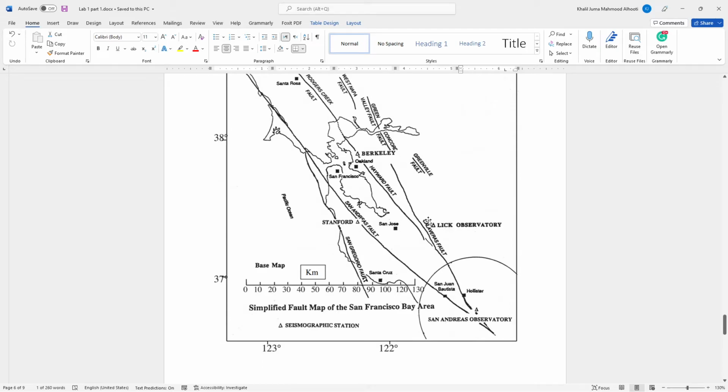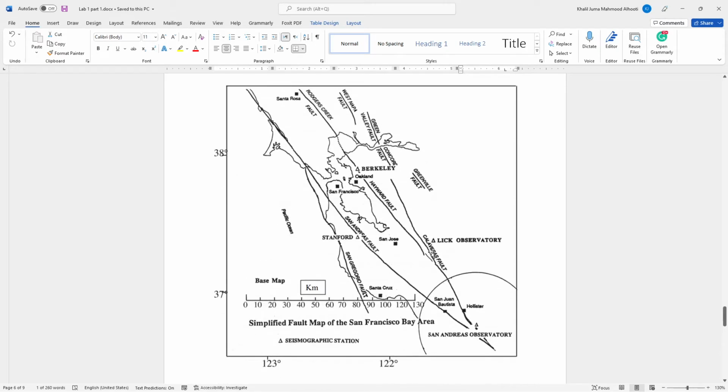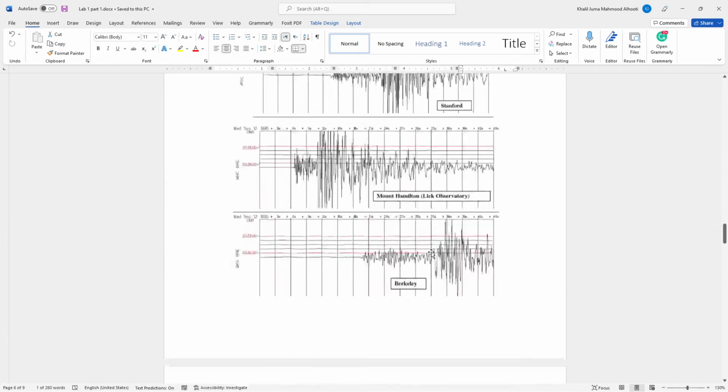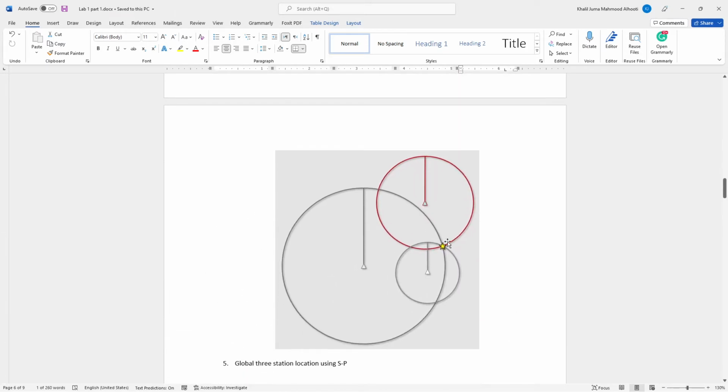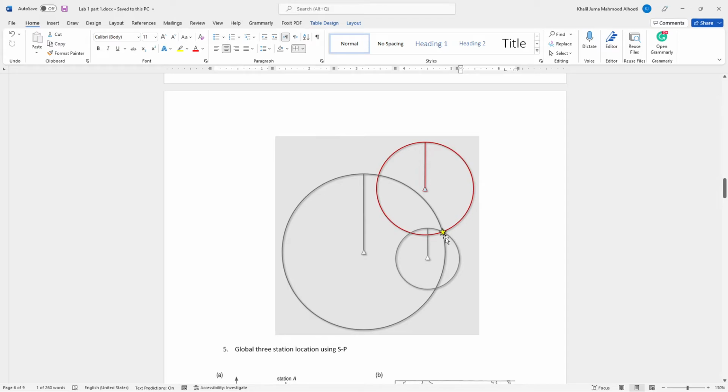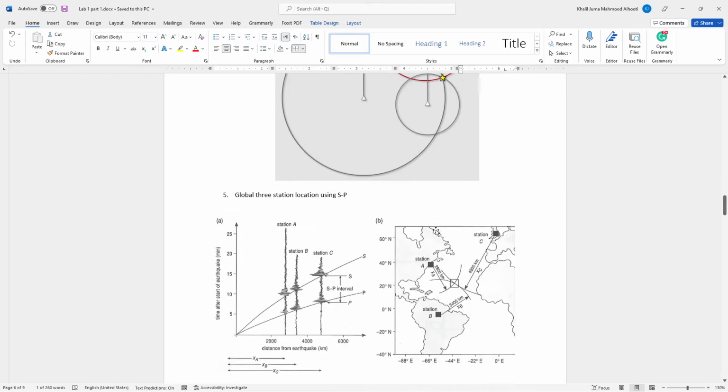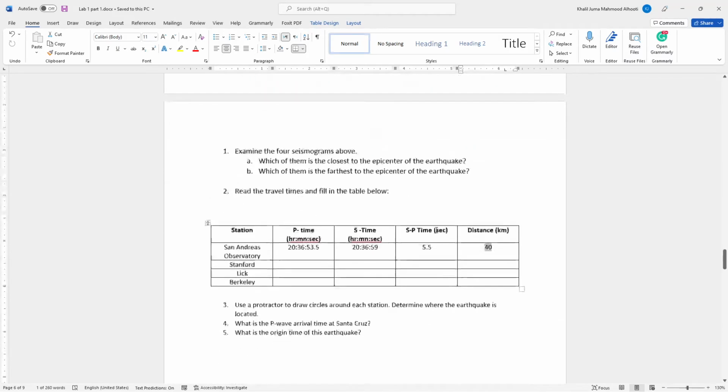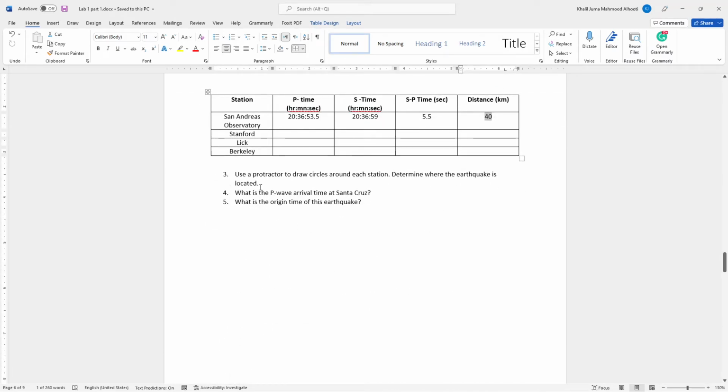For each observatory, there's going to be 1 circle. And the point where all these circles meet or join, that's the location of the earthquake. So you need to locate the earthquake on the map. That's the first question, question 3.